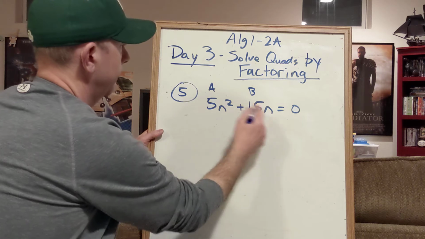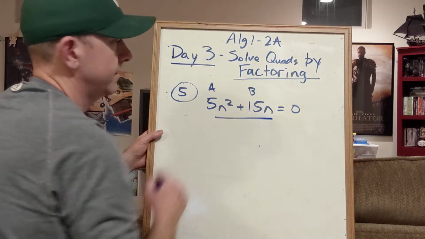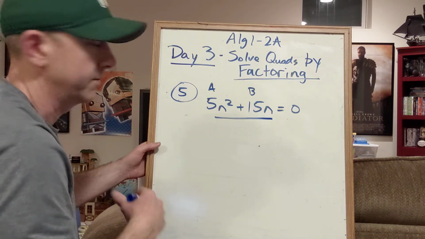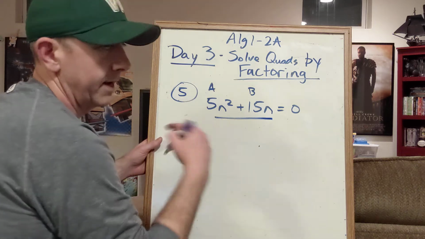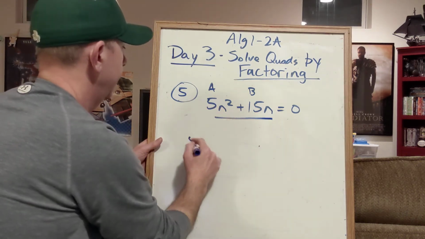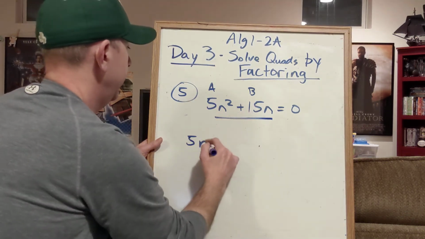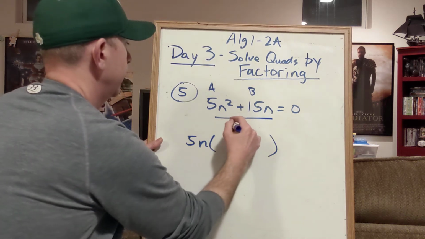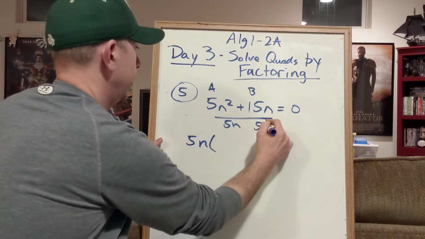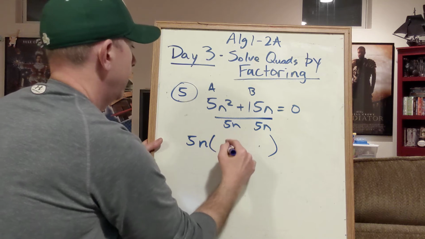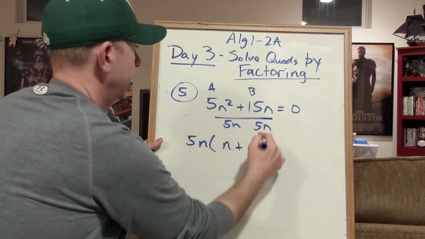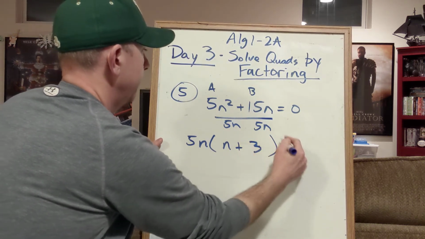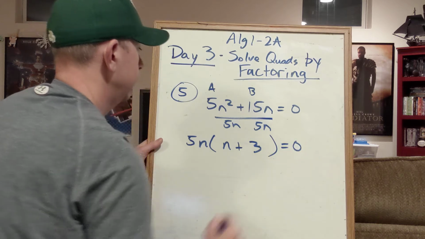All right, so we look to actually factor by GCF, going back to factor by grouping and all the stuff we did last chapter. So the 5 they have in common. They also have 1n in common. So when I divide this by 5n everywhere, I get 1n plus 5 and 15 is 3. And the n's cancel out, so equals 0.